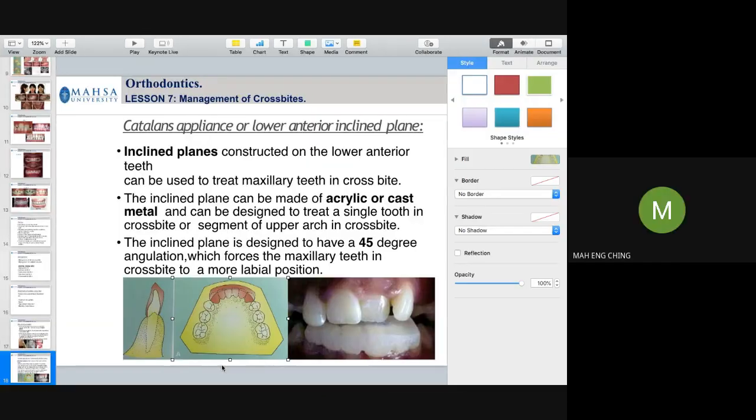Can you see my slide better? Yeah, I think just put it like this.